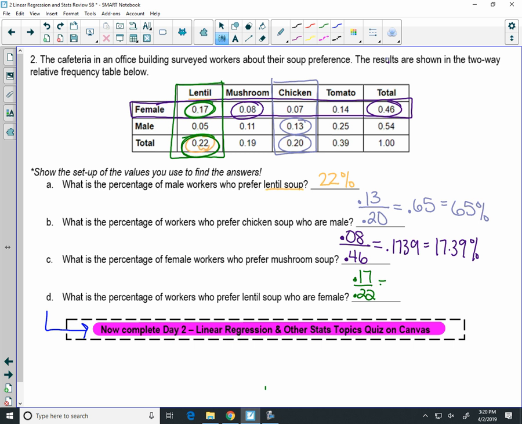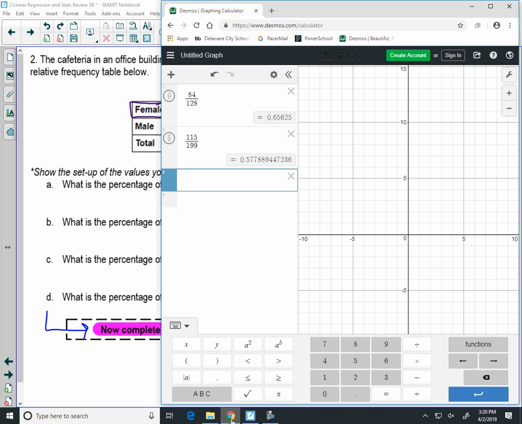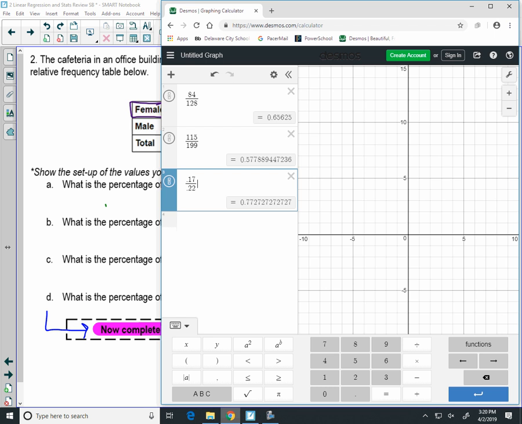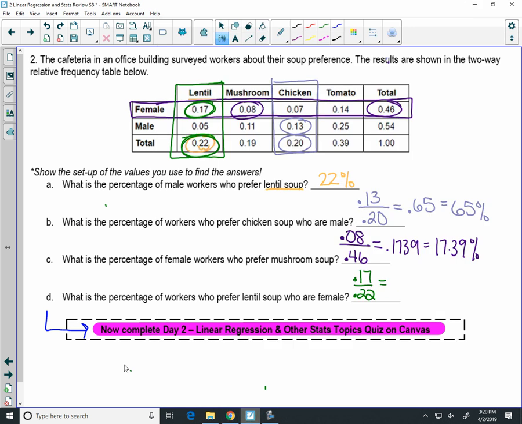So I think here really it's get the bigger number on the bottom and get that other number on the top. So 0.17 divided by 0.22.